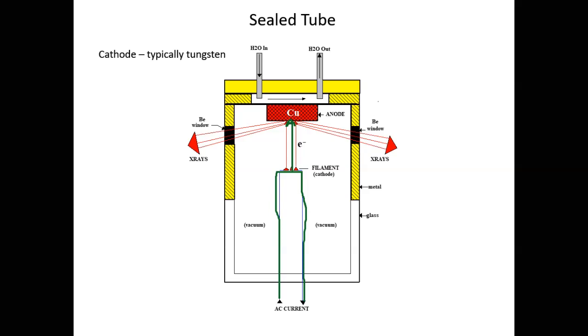So whenever you see the setup of an X-ray diffractometer, the source, which contains the sealed tube, is always going to be perpendicular to the monochromator, which allows only the characteristic X-rays to pass through. And again, the typical metal for the cathode is tungsten.